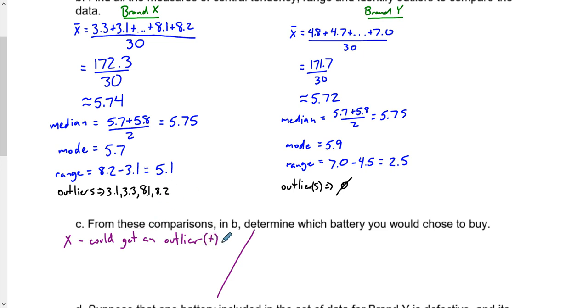Well, ideally you would want the higher end. If you could have a battery that lasts 8.2 years, great. The lowest value for brand Y was a 4.5. But it would be very bad if you got a battery that only lasted 3.1 years.